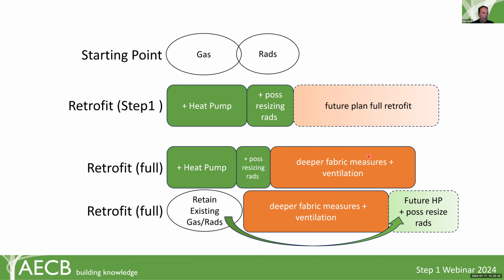And the deeper fabric measures, well, they're either done at the start or the end, or they're a future retrofit plan. So it's all actually the same components, and that's why we still call it a carbon light retrofit. It's still all the same thing. It's got the same parts to it. These options just give you a different sequence of doing it, different possibilities of doing it.